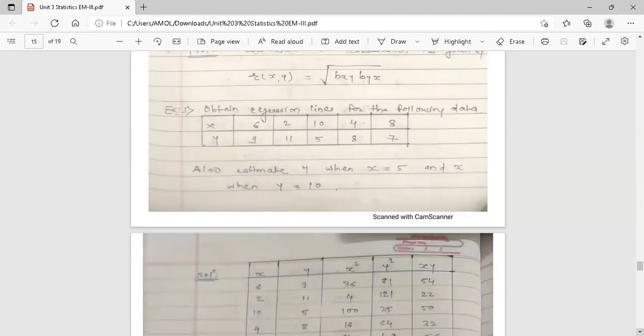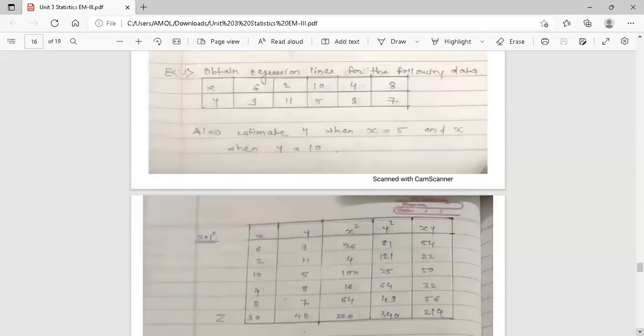So first you find both the regression lines, regression line y on x and then regression line x on y. After finding both the regression lines, you calculate y when x is 5 and then you calculate x when y is 10.